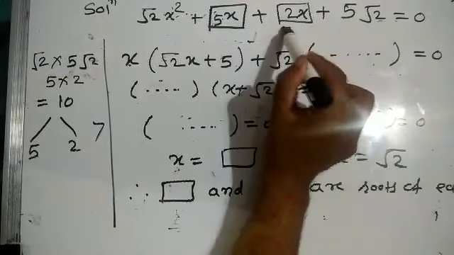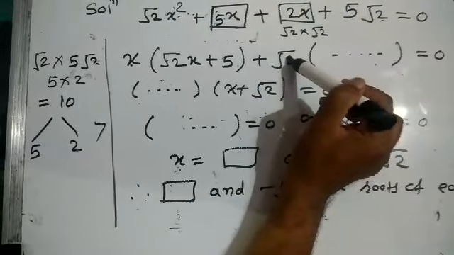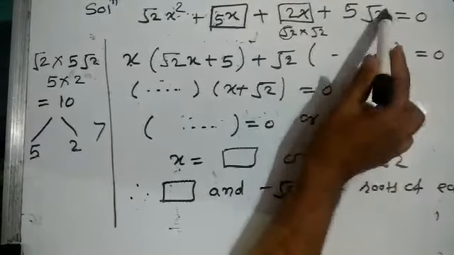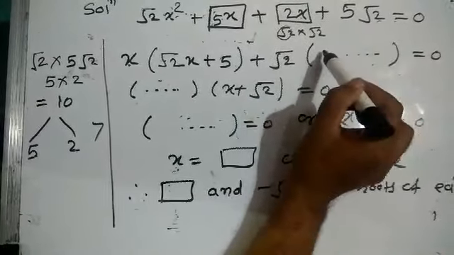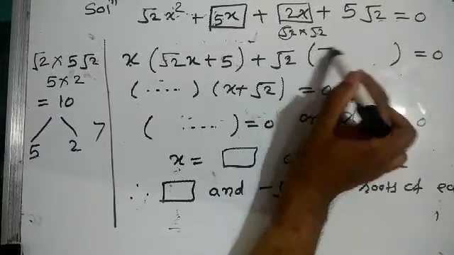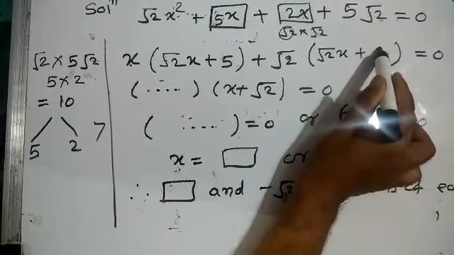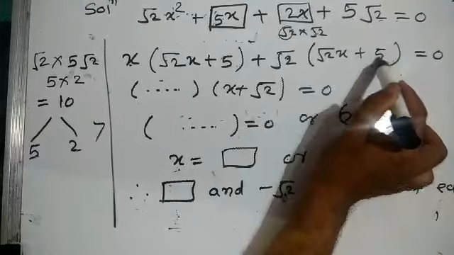Here, this 2 means root 2 into root 2. When we take root 2 as a common, from this root 2 and this root 2, what is remaining? x plus 5. Therefore one root 2 is remaining, root 2 x plus 5.